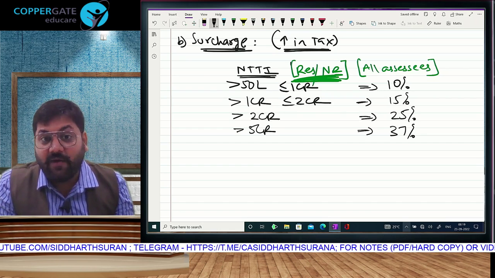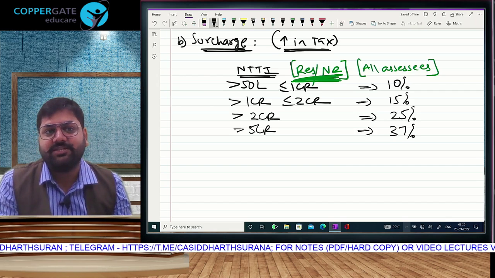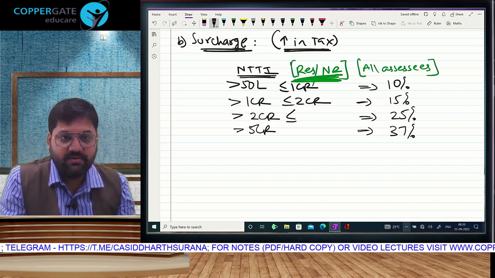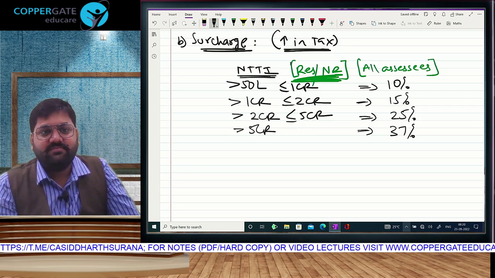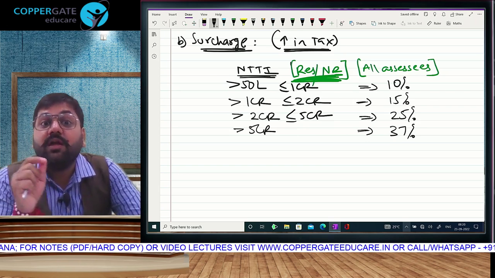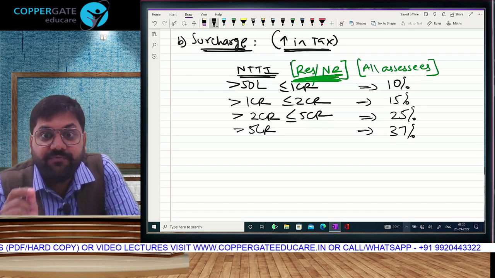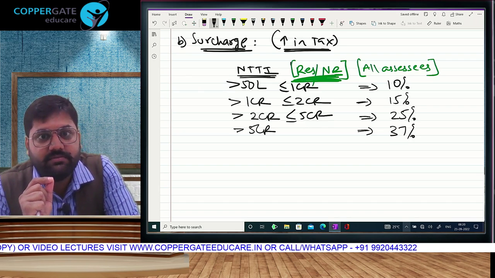Exact 5 crore income, will there be surcharge? Yes. 37? No. 25%. So, please listen to what I am saying, equal to will always allow rebate at 5 lakh rupees.